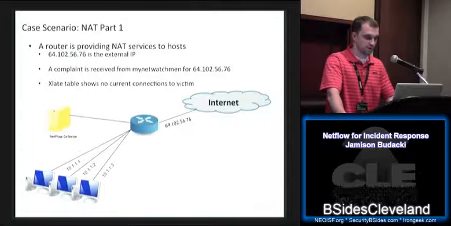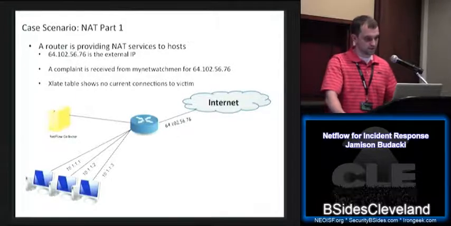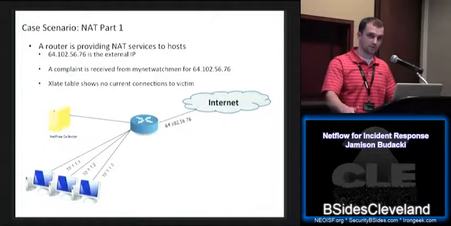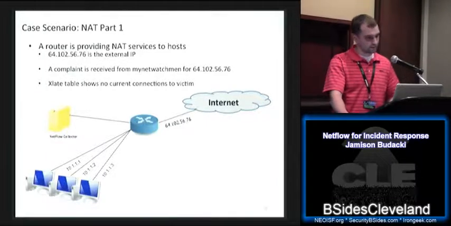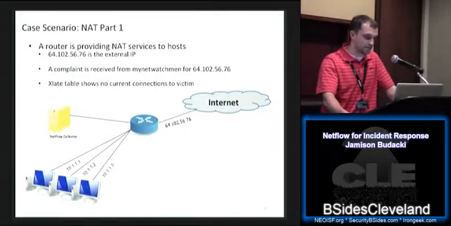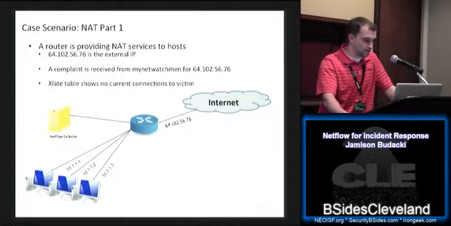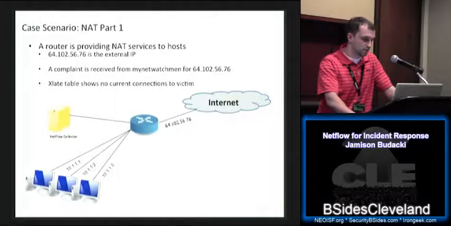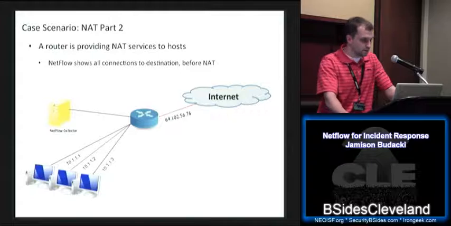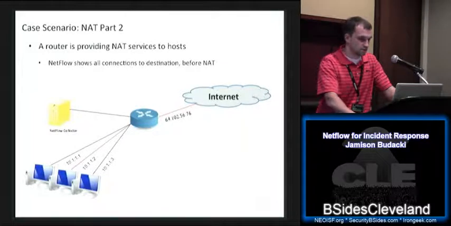You receive a complaint from an external organization claiming that one of your hosts coming from the external facing IP is downloading some copyright protected material. And the xlate tables show no concurrent connections to the victims. NetFlow can show all the connections to the destination before NAT. This can help you mitigate the issue on the correct host and tie it down to the correct user as well.